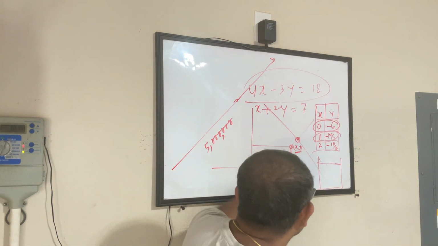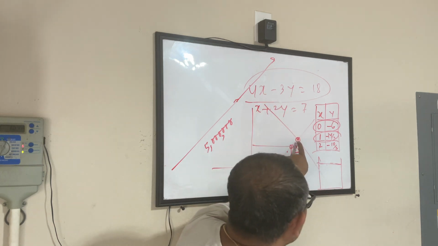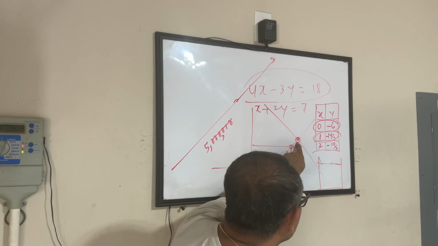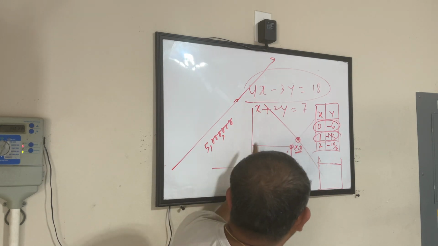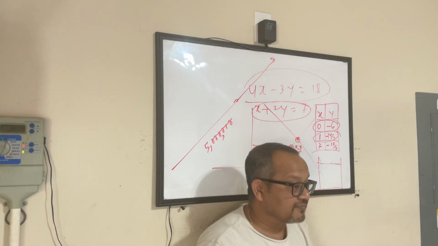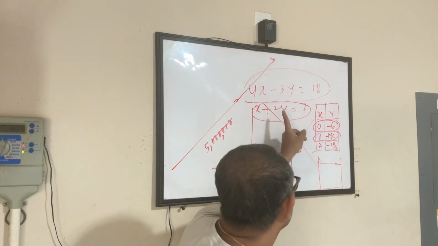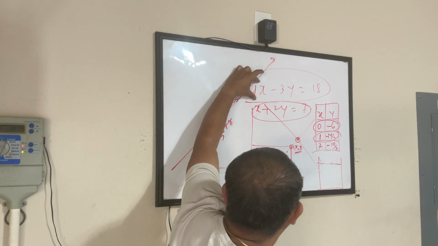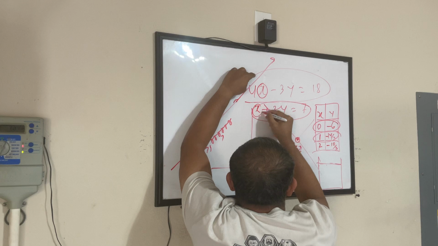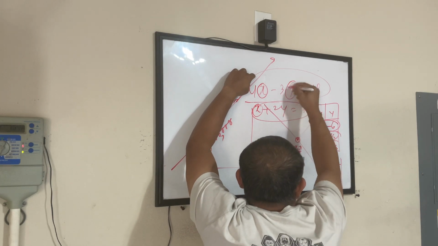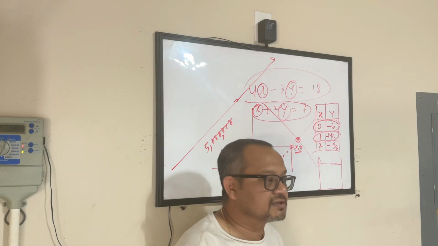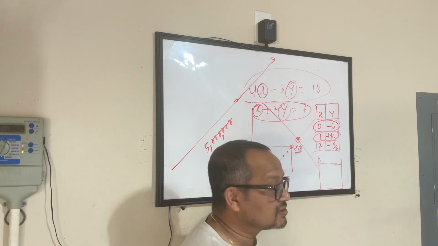To have a finite answer, you need another line, and that line will come from a linear equation as well. Only linear equations plot a line for us. So the essence is you need two linear equations to solve for two different variables, x and y. When we have two linear equations, two lines give you one solution.